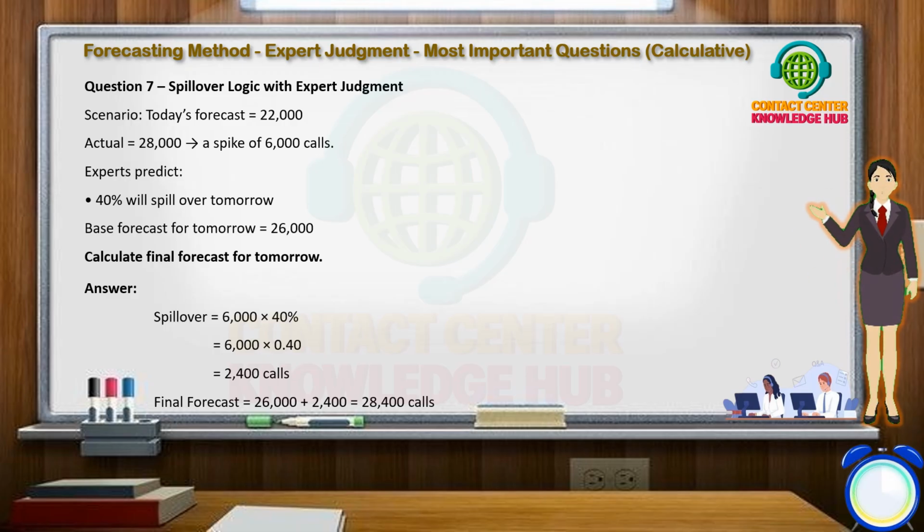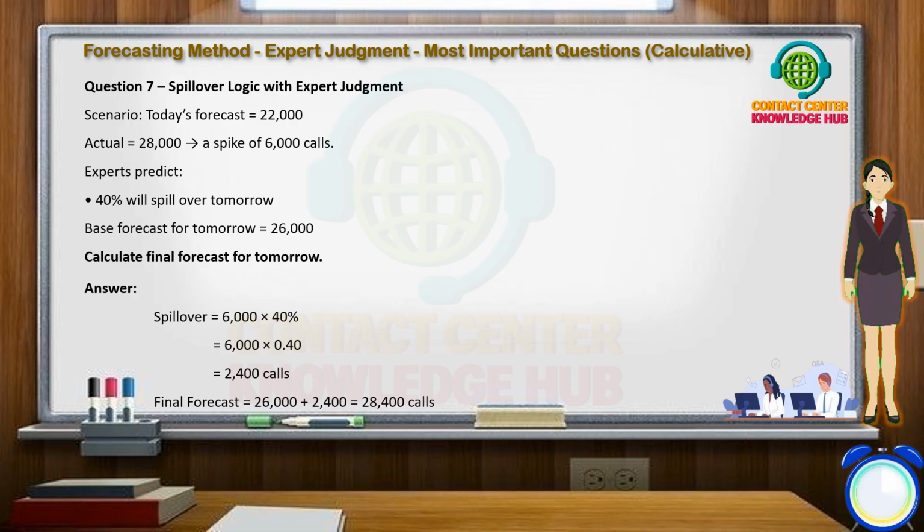Step 1. Calculate spillover. Spillover is equal to spike times spillover percentage. Spillover percentage is 40%, which is 0.40. So, 6,000 times 0.40 is equal to 2,400 calls. That means 2,400 calls are expected to carry into tomorrow. Step 2.